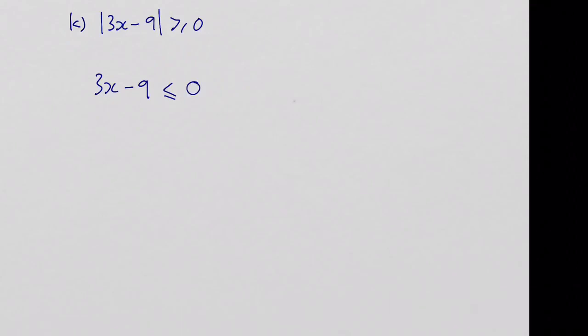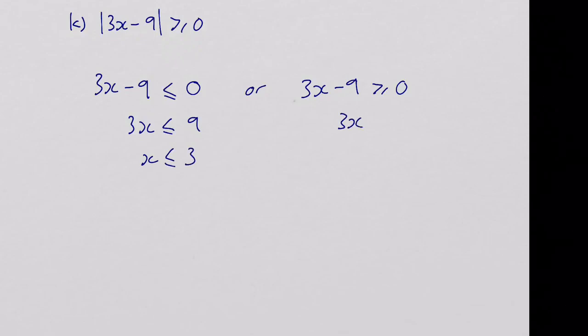And this time I've used the negative or equal because that's what's in the original question. Or we have 3x minus 9, which is greater than or equal to 0. And then you see if you solve this, you get the same solutions. So that becomes positive: x is less than or equal to 3. Or on this side, 3x is greater than or equal to 9, so x is greater than or equal to 3. So again, x is an element of all real numbers.